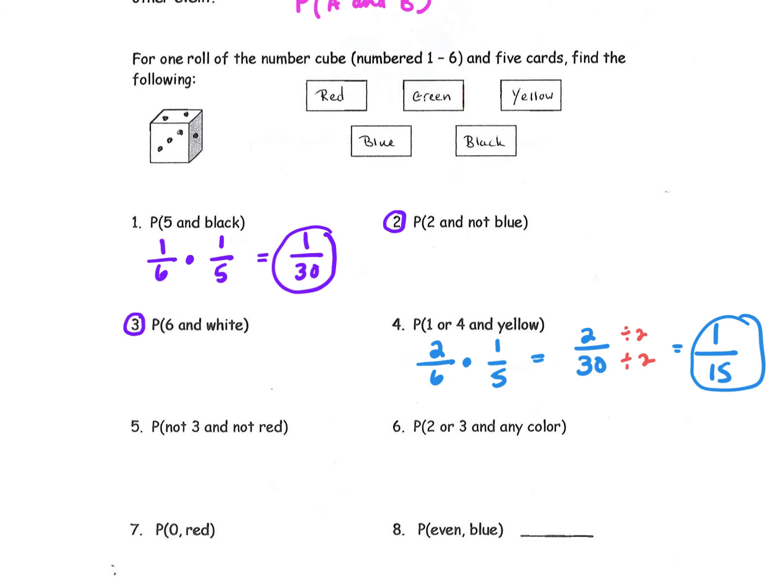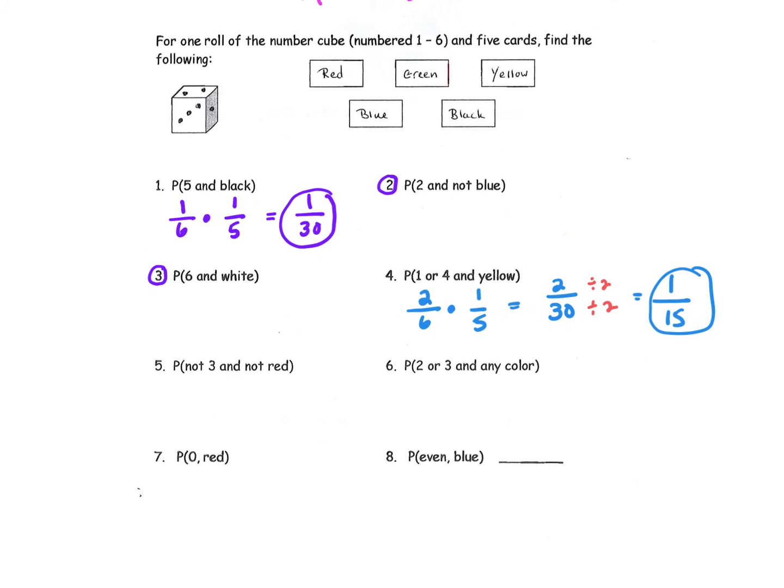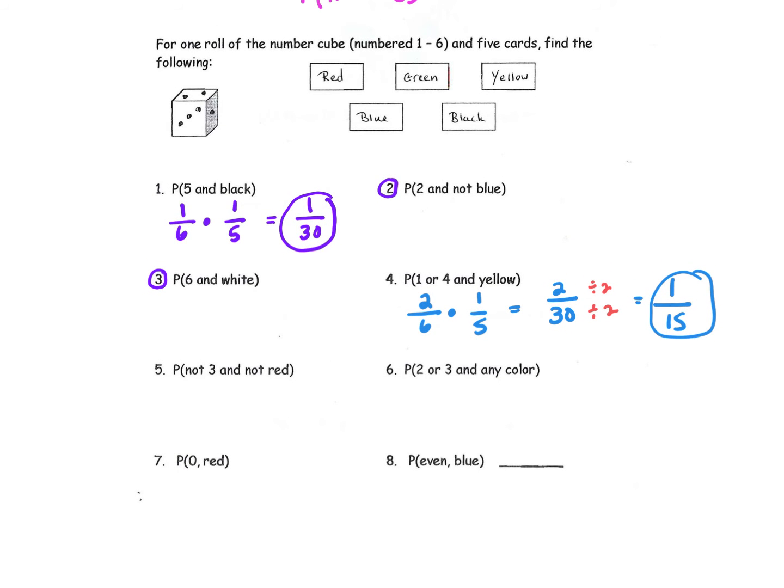So we're now going to skip down to number 5, and we're going to do number 5 together because it's worded kind of uniquely. It says not 3 and not red. So we're going to ask ourselves, how many sides on this number cube are not the number 3? Well, one side is the number 3 and all the other sides are not 3.